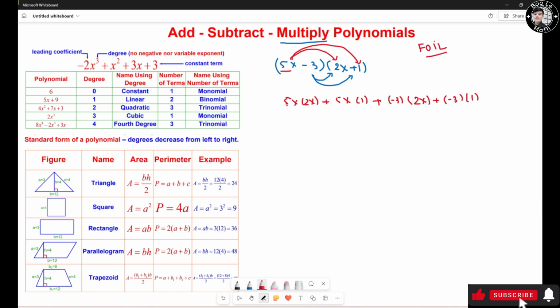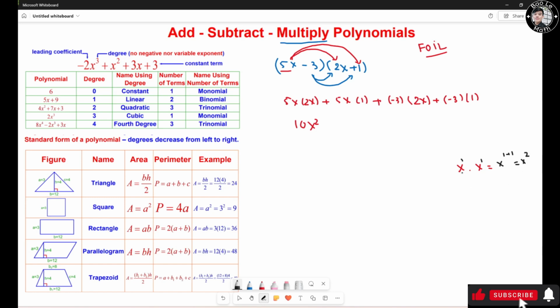Alright, so 5 times 2 is going to be 10. S times S is going to be S squared. Right, keep that in mind. S times S is S to the power of 1 times S to the power of 1, which is S to the power of 1 plus 1. It's going to be S to the power of 2.